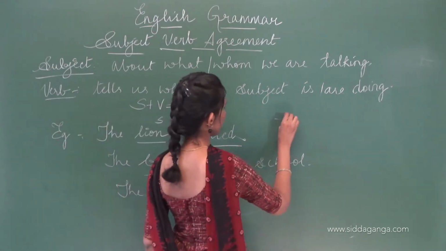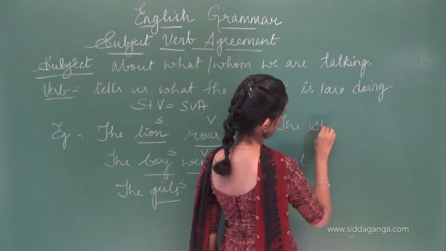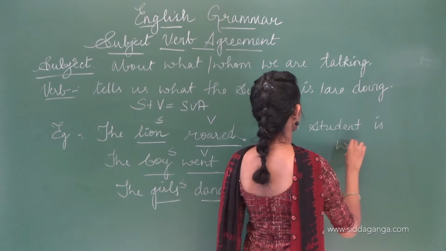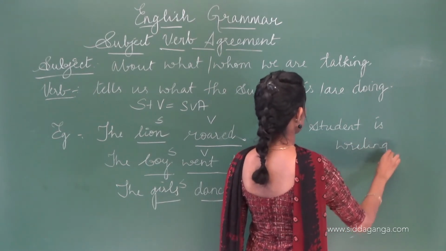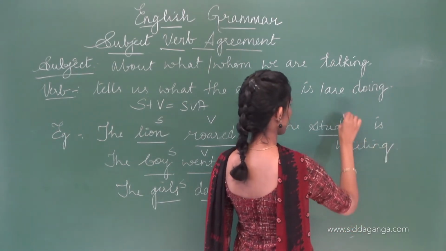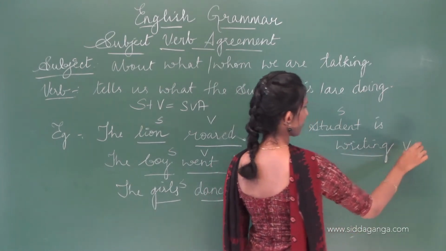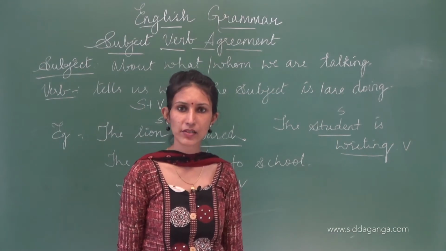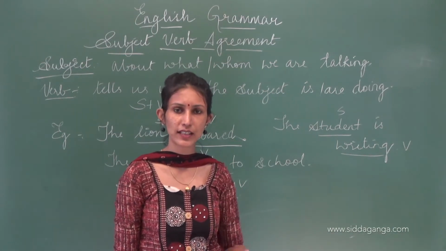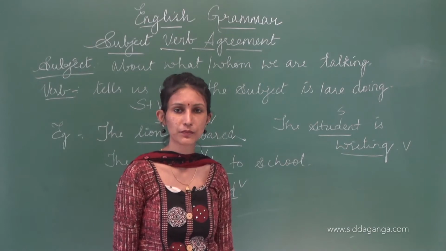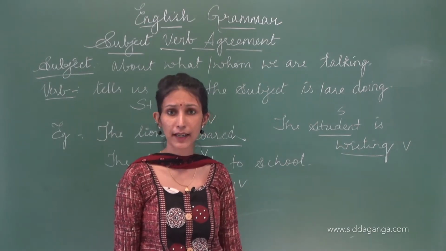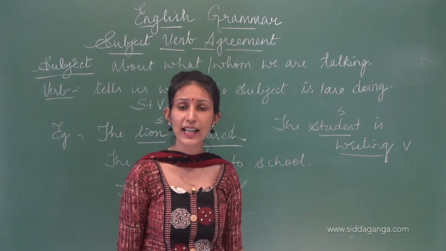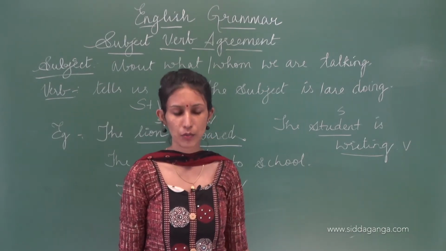We'll write it here. The student is the subject, writing becomes the verb. The teacher is talking. The teacher is the subject, talking is an action, that is the verb. The players are playing. Players are the subject together and playing is the action of what they are doing, that is the verb. Okay.